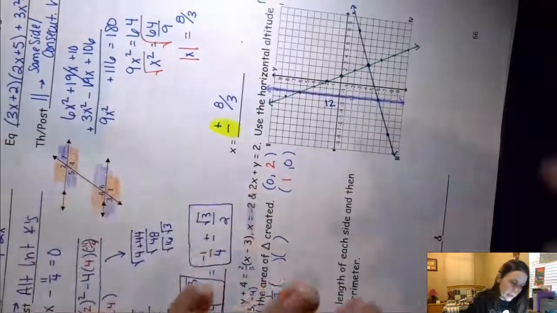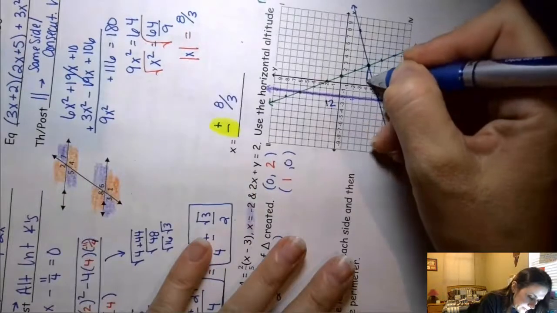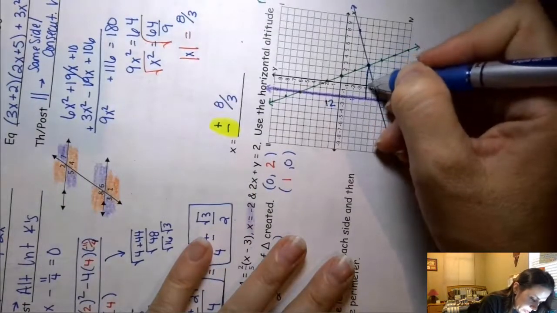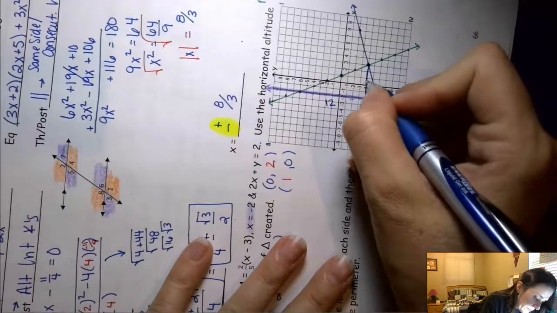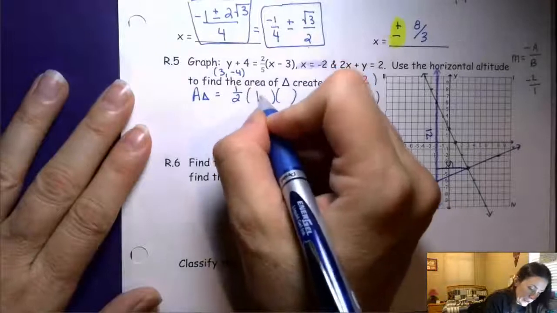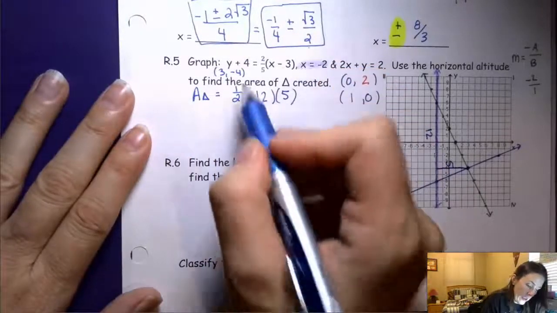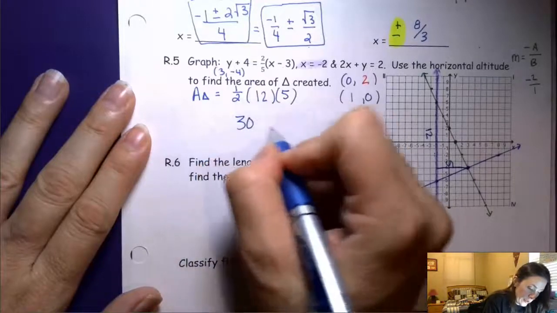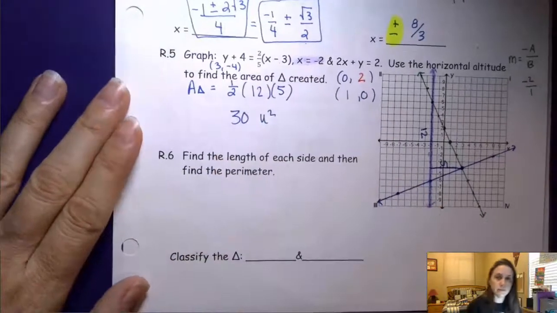My eyes are bad. I hope I can have it. Here's my height. It is 1, 2, 3, 4, 5. So my area here is going to be 1/2. My base is 12. My height is 5. Half of 12 is 6. Times 5 is going to be 30 units squared.